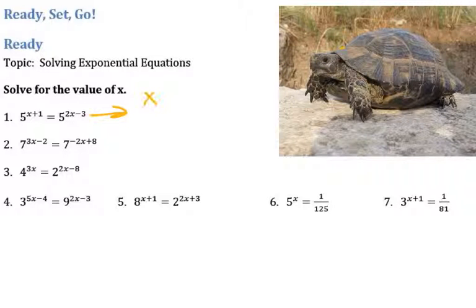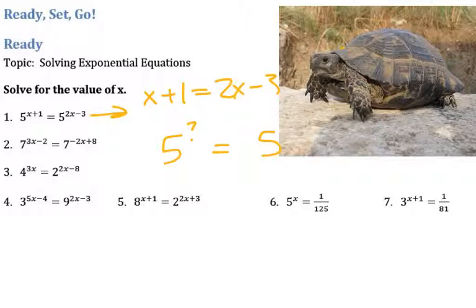So I can start out by saying x plus 1 equals 2x minus 3. Because if I have 5 on the bottom and they're equal to each other, whatever the exponents are, they have to be the same. So that's kind of the trick, the rule that we're thinking about right here.